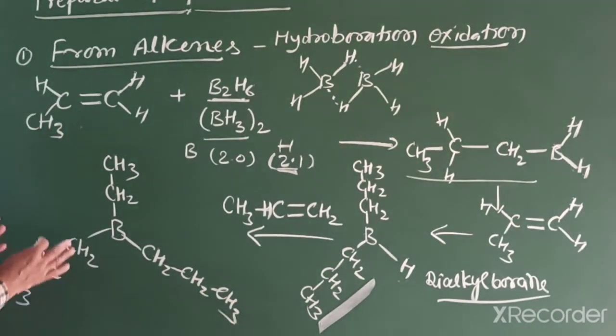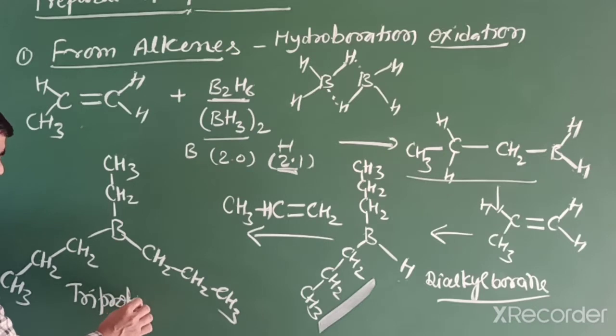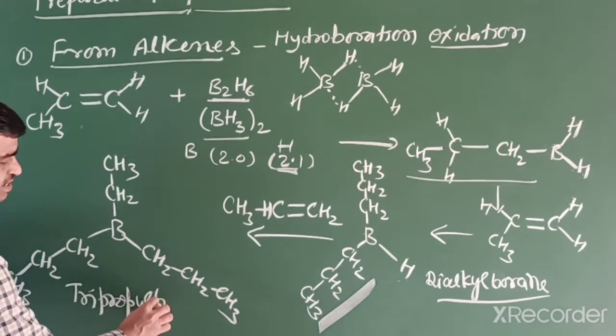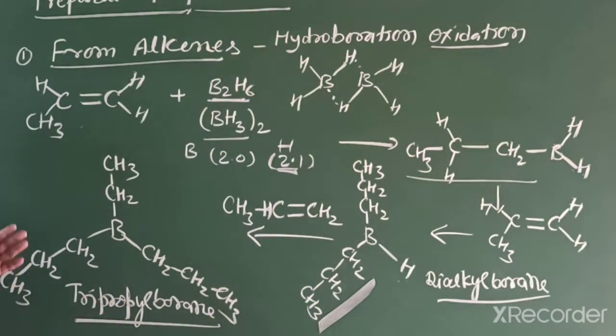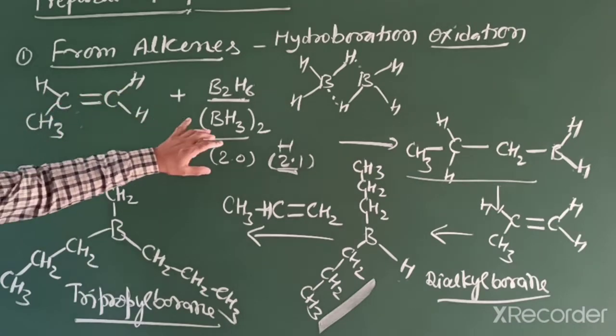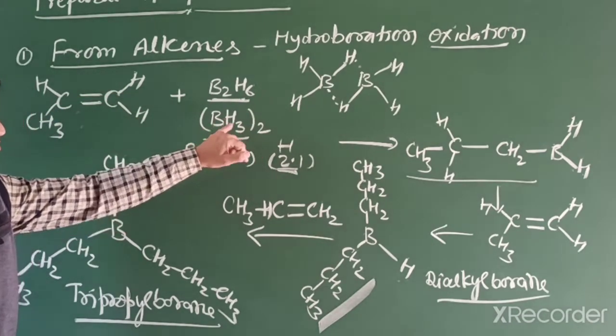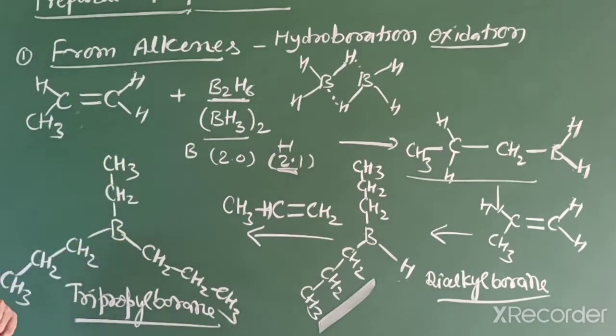Trialkyl borane means tripropyl borane, we can write its name. So students, this is known as hydroboration. This reaction occurs first because in borane BH3, 3 boron hydrogen bonds are available, so 3 moles of addition reaction occur.